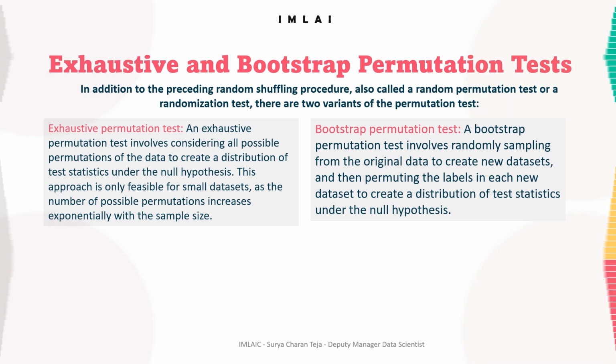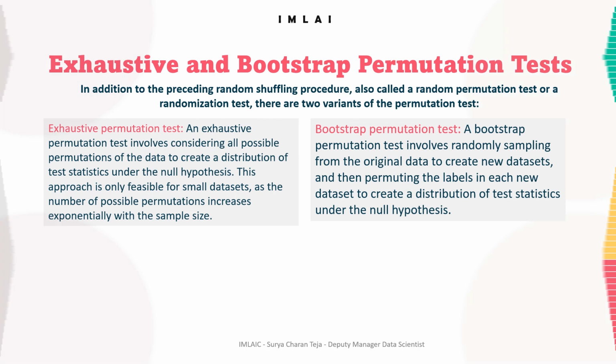The choice between exhaustive and bootstrap permutation tests depends on the size and the complexity of the data set, as well as the research question and the availability of computational resources. Exhaustive permutation tests are preferred when feasible, but bootstrap permutation tests may be a useful alternative when the data set is too large for an exhaustive test.